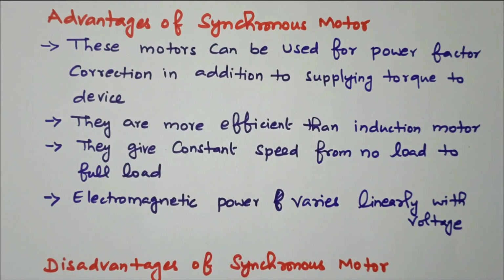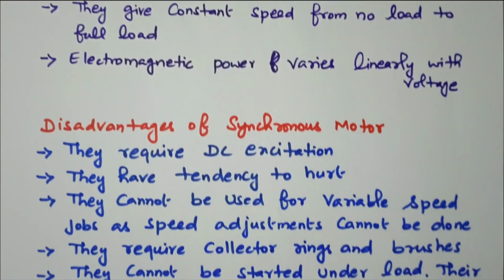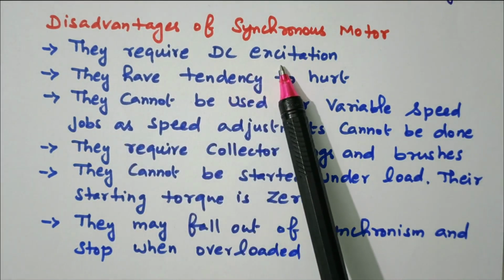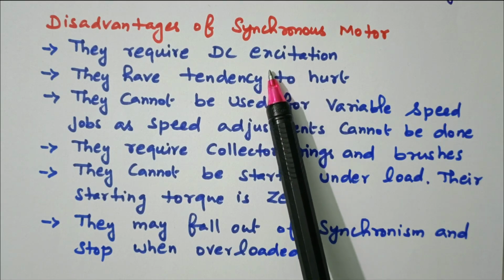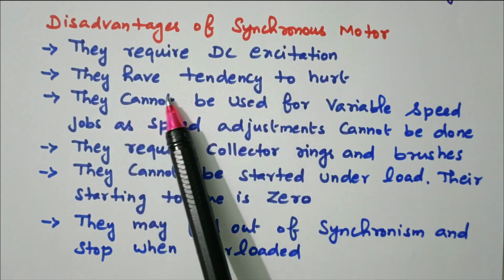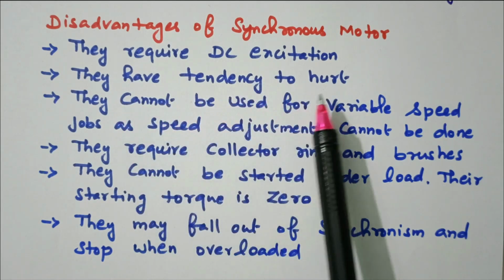Now we'll see the disadvantages of the synchronous motor. They require DC excitation. So DC excitation is required, so we need brushes, copper, and sparking will occur because of excitation. They have tendency to hunt.